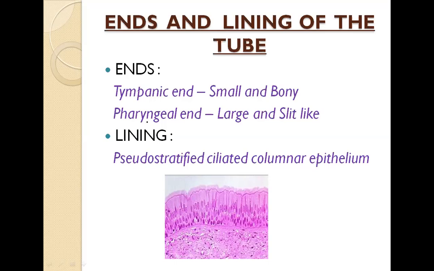Moving on to the histology of the auditory tube, it is lined by pseudostratified ciliated columnar epithelium. In this histological slide, you can appreciate the pseudostratified cells, right? You can also appreciate the cilia present over these pseudostratified columnar epithelial cells. So the auditory tube is lined by pseudostratified ciliated columnar epithelium.